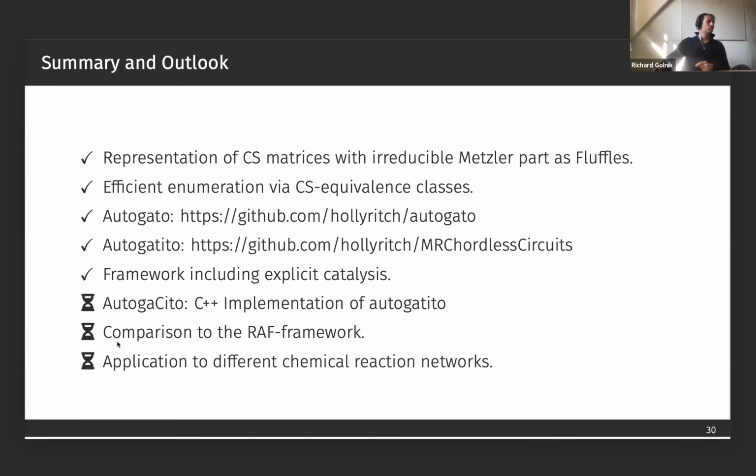And as I said, we are also trying to compare the two definitions of autocatalysis. So we're comparing the definition of autocatalysis I've shown here to the RAF framework. And we also have current ongoing work with collaboration partners, who have chemical reaction networks, for example, on carbon fixation.